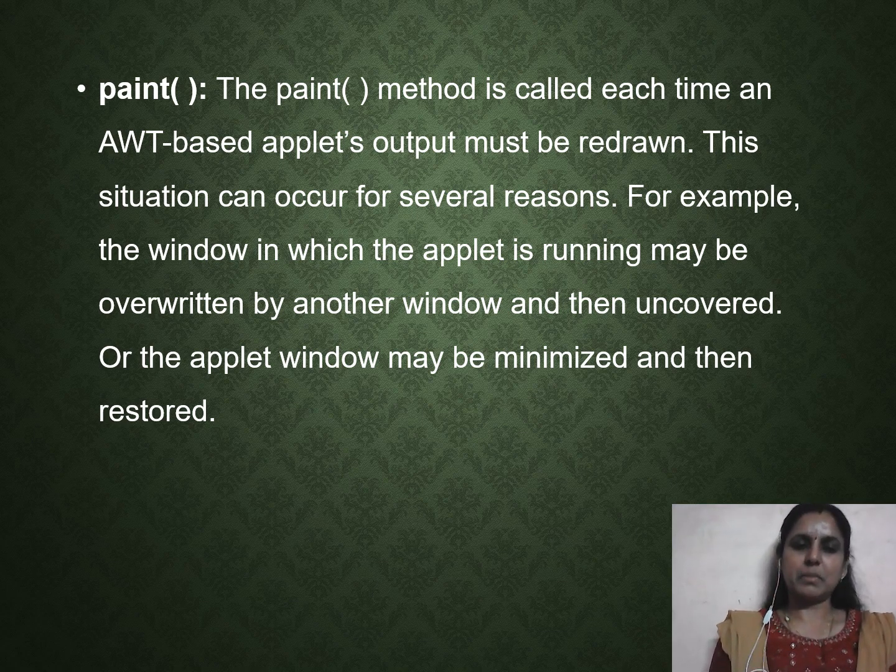Whenever it happens, the paint() method is activated. The paint() method is used to display the content on the applet. We can create objects or components on the applet, or we can directly write a message on the applet. It takes the Graphics class as a parameter. The syntax of paint is public void paint(Graphics g).